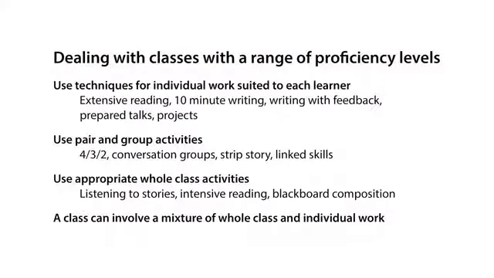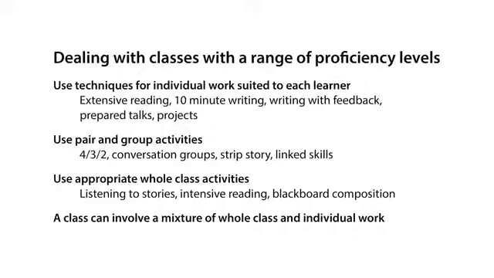Writing with feedback is another individual activity. This means that learners do a piece of careful writing and the teacher responds to that writing, guiding them by correcting the errors and giving suggestions to improve the piece of writing. In such an activity, it doesn't matter if the learners are from a range of proficiency levels.